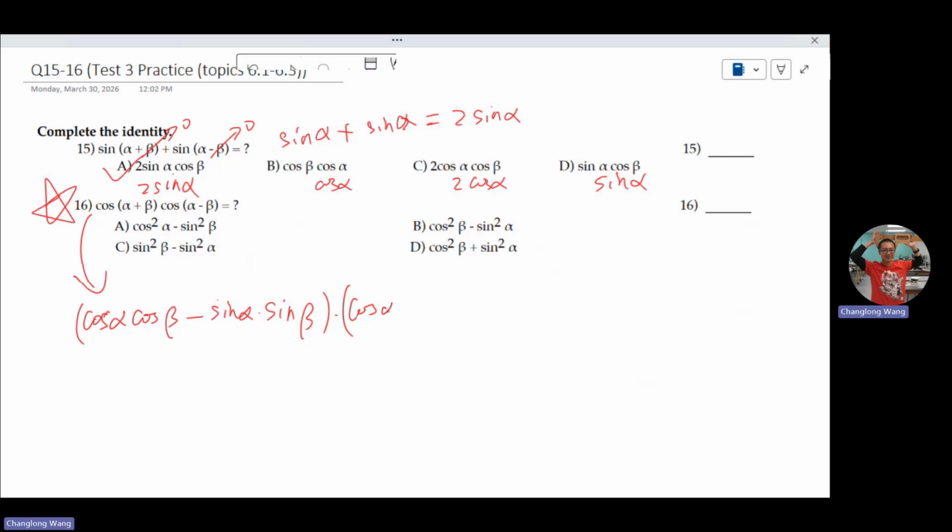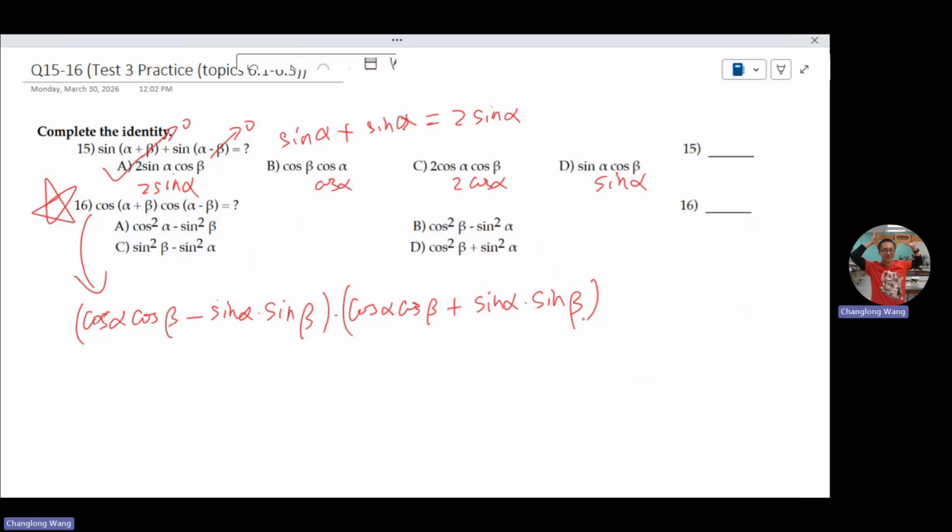So it'll be cosine alpha cosine beta plus sine alpha sine beta, right? Now, before we dive into the math, please notice there's a pattern here. It's the difference times the sum, right? So A minus B times A plus B.